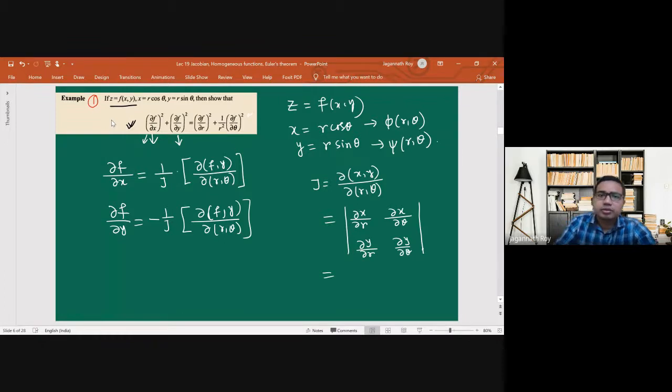Now if we differentiate this one with respect to r, del x by del r will become only cos theta. Similarly, del x by del theta will be negative r sine theta.